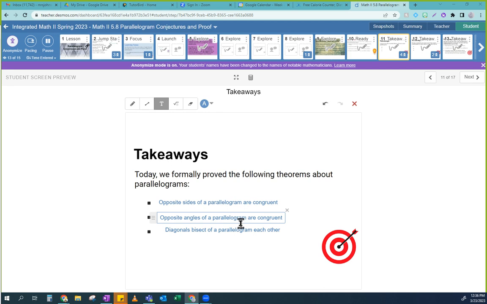No. But I will push you to write it correctly, because this is a practice in you communicating really clearly. So when you say opposite sides are congruent, I probably will write you a note of what opposite sides of what, and then you'll be like, oh, a parallelogram, not a big deal. I know what you're talking about. But for you to practice how to be very clear is a really good practice.